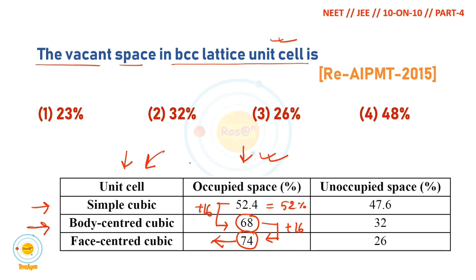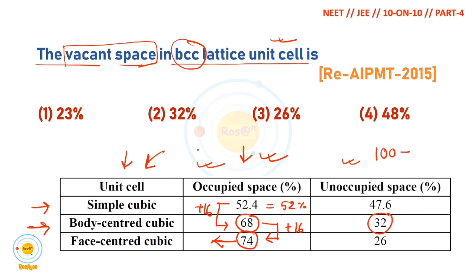If you remember the occupied space, then calculating the unoccupied space is very easy. Only subtract the occupied space from 100. Now in this question, you have to determine the vacant space or the unoccupied space for BCC lattice unit cell, that is 32%.